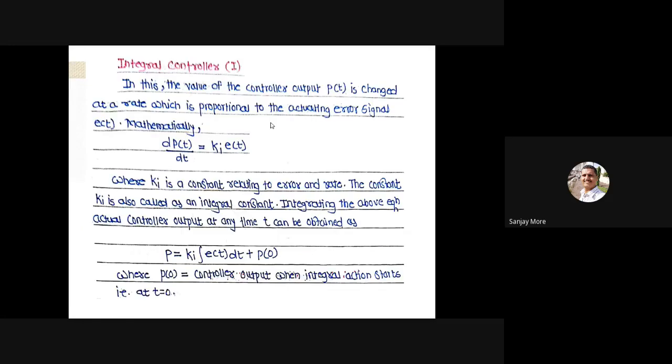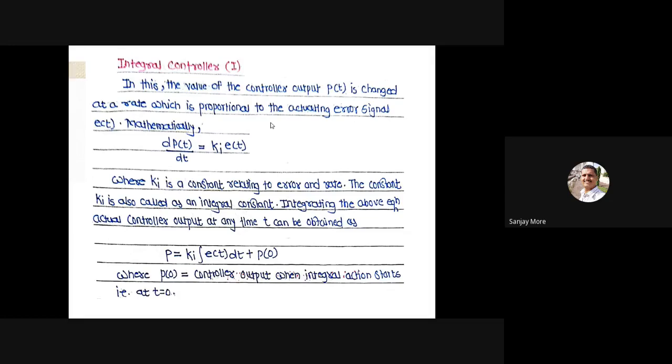Then the next one is the integral controller. The integral controller is based on the rate of change of its actuating error. Mathematically, dP(t)/dt is equal to Ki, where Ki is a constant relating to the integration.